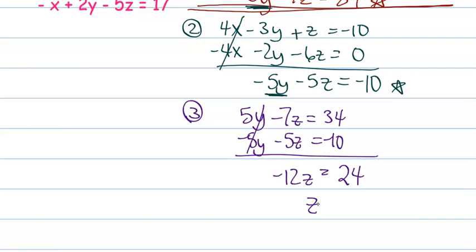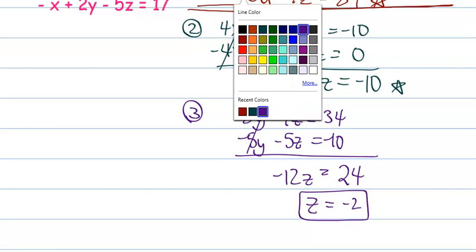And that leaves me with z equals negative 2. That's just one of them, but it gets faster after this. You do not need to go through that whole process again to get x and y. Now we can work our way backwards. We use a new color.